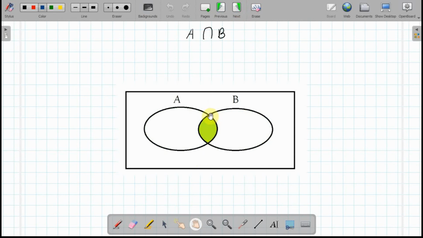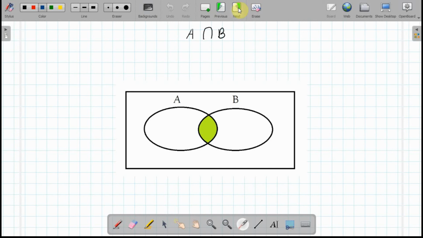The next one is the intersection, which we looked at. So, not everything in A or B, just the overlap part. Now the union, you could be part of A or part of B. It doesn't matter. Whereas in the intersection, you have to be in the overlap part. So it has to be part of A and it has to be part of B at the same time. And that's very important.